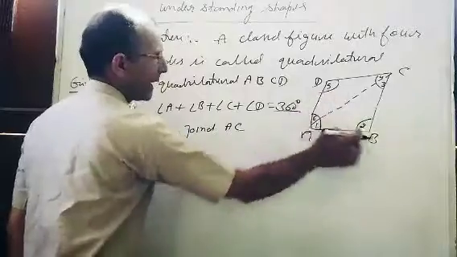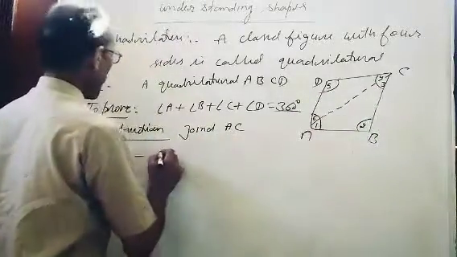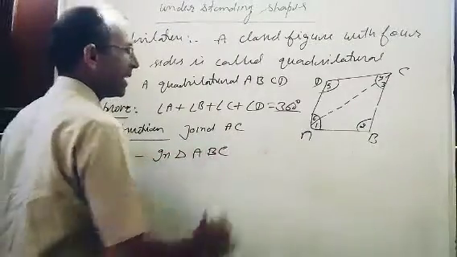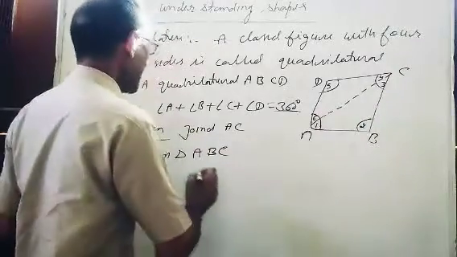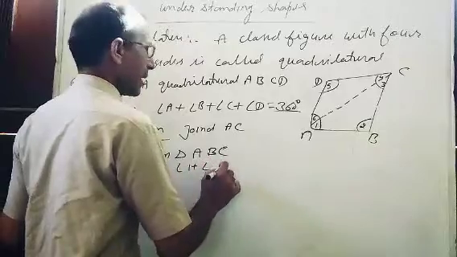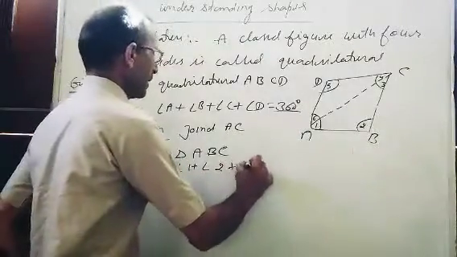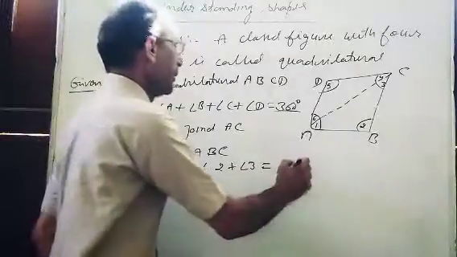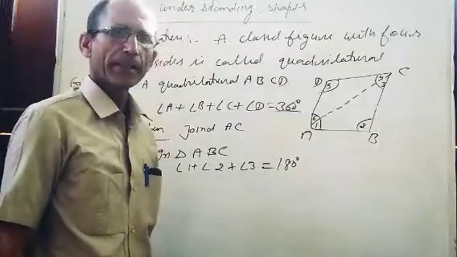So now I will take triangle ABC. Proof. In triangle ABC, angle 1 plus angle 2 plus angle 3 will be equal to 180 degrees.